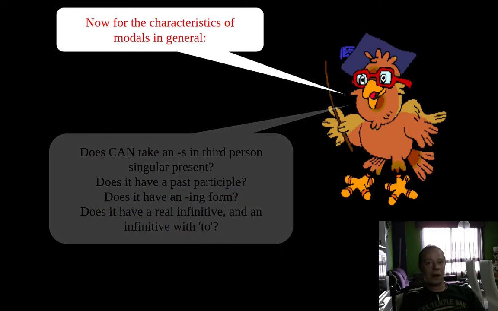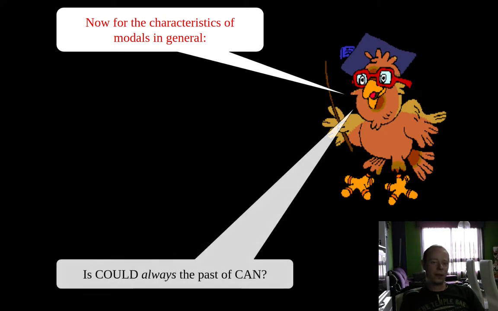And, of course, is could always the past of can? Think about things like, I could ride a bicycle when I was 6. On the one hand, yes, that's past of can, alright. But what about, could you repeat that, please? That's different, isn't it?